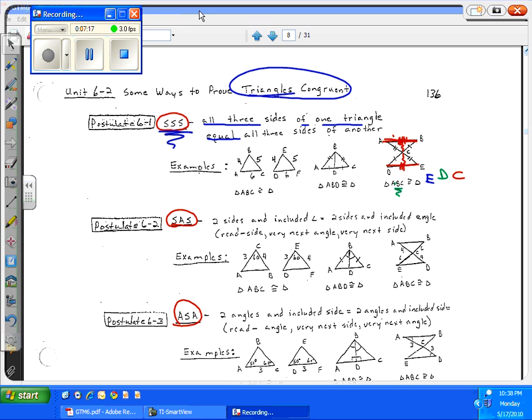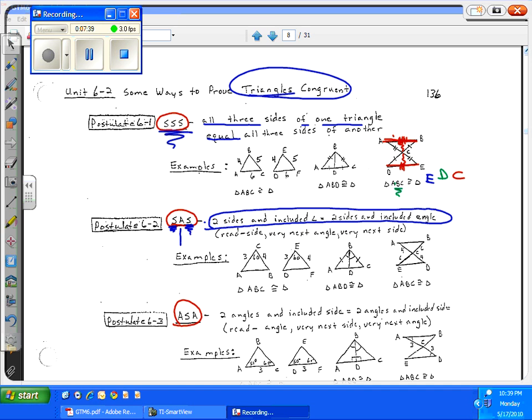Now, postulate 6.2 is side, angle, side. It actually says this formal definition: if two sides and an included angle of one triangle equal two sides and an included angle of another.